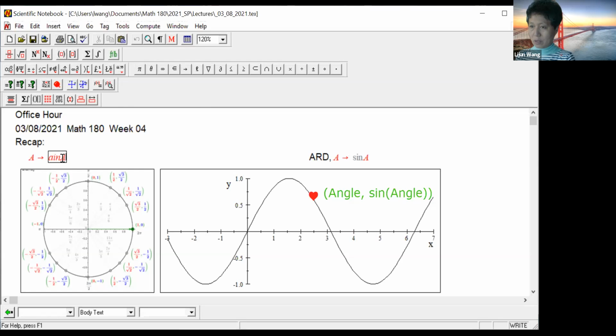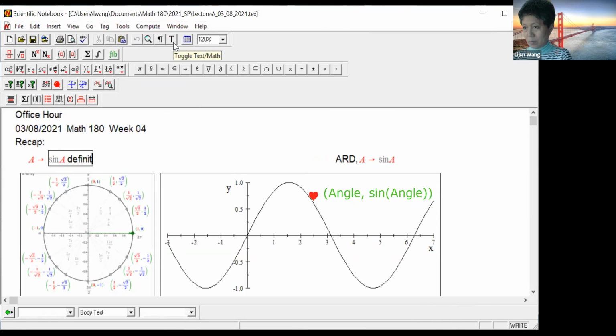Sine of A. So we use the definition. Definition will also get us to the output we wanted. Okay, so that's ARD.